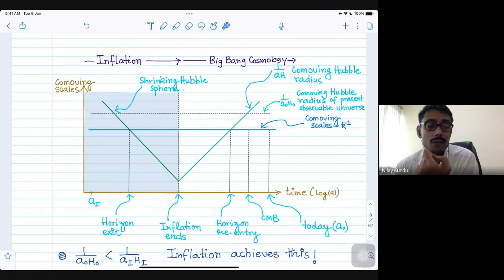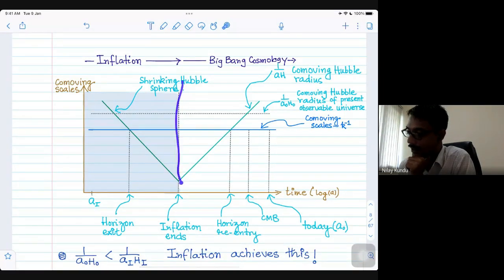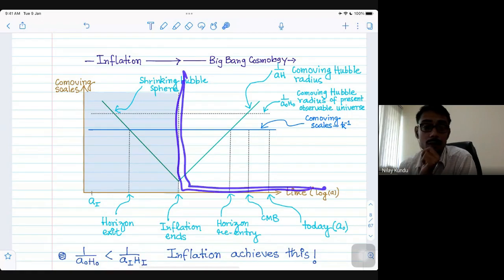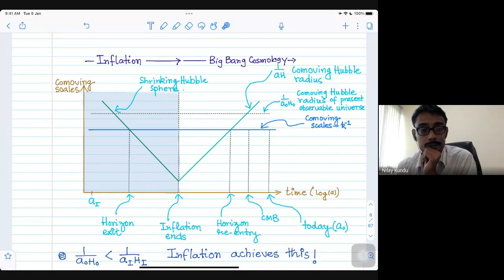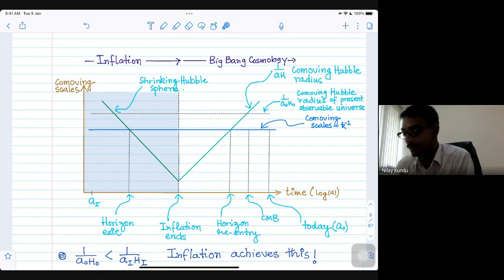The cosmic microwave background has a radiation temperature of 2.73 Kelvin. So how come two antipodal points knew that the other point is at 2.73 Kelvin? Just by this logic, if you focus on just this part of the diagram, they were outside causal contact in the past. So inflation solves that problem somehow.